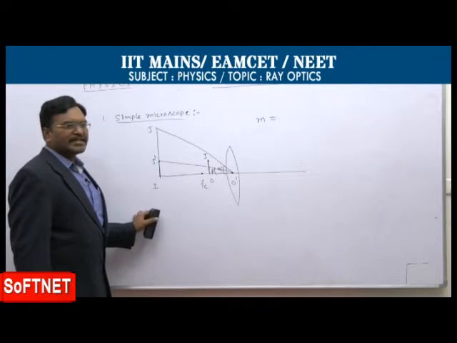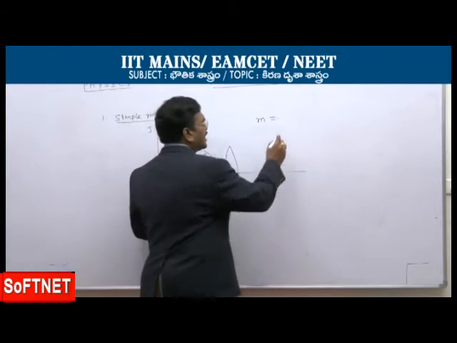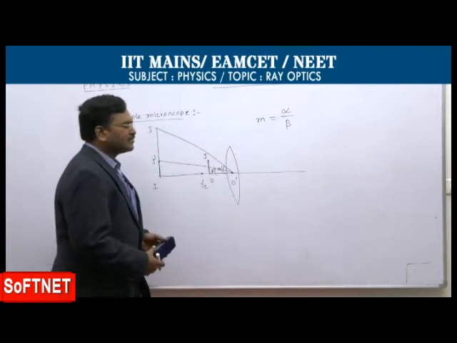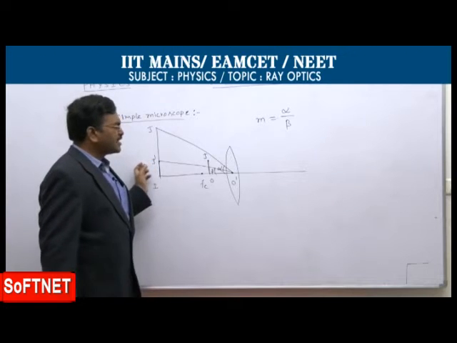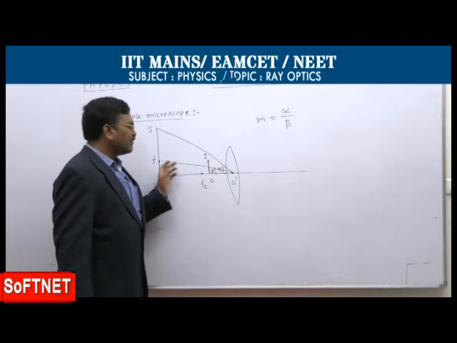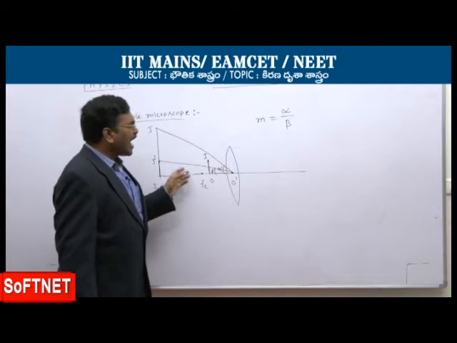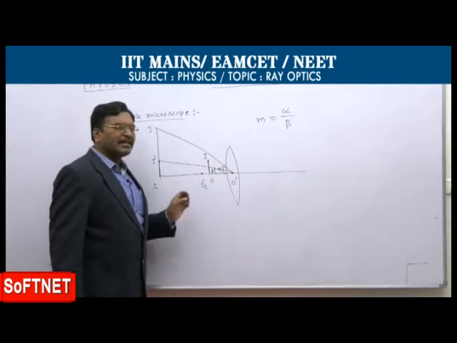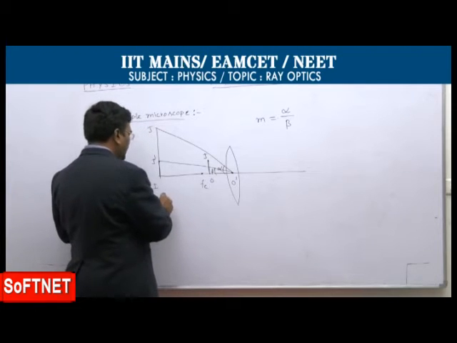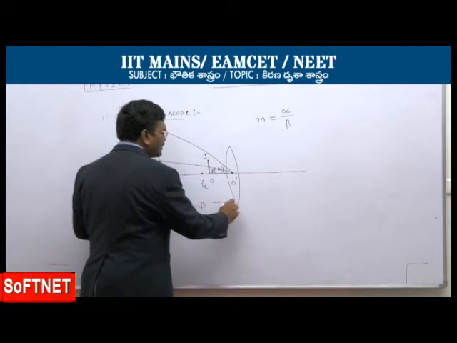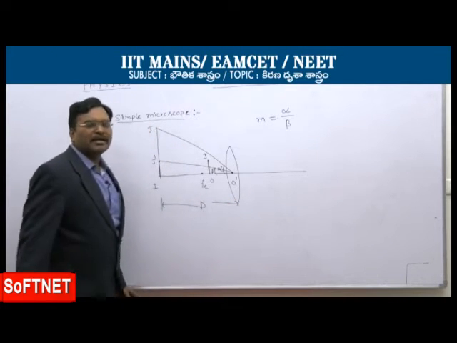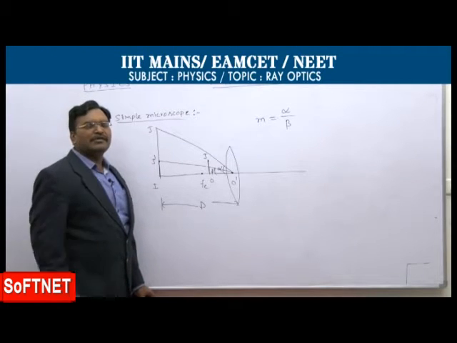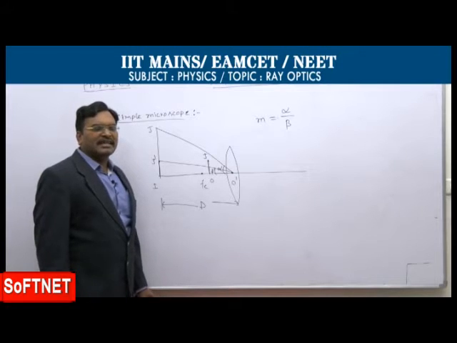Magnification is the ratio of the angle subtended by the image at the eye when formed at the near point to the angle subtended by the object at the eye when imagined to be at the near point. What is the near point? The near point is the nearest point from the eye at which an object is seen clearly.